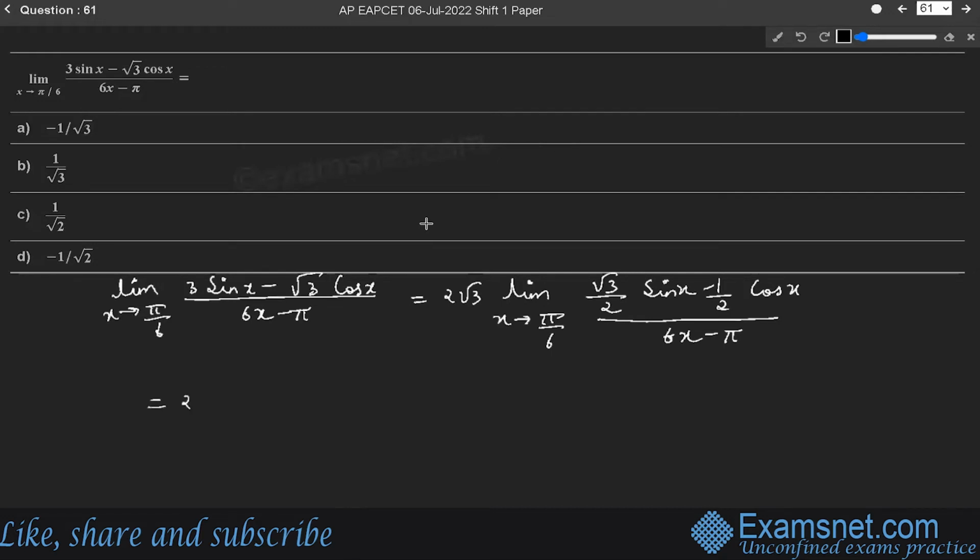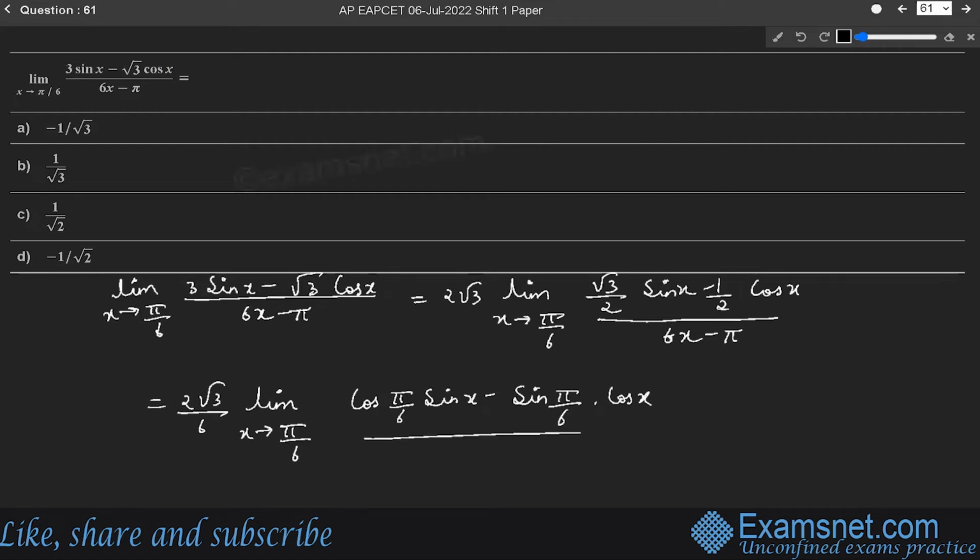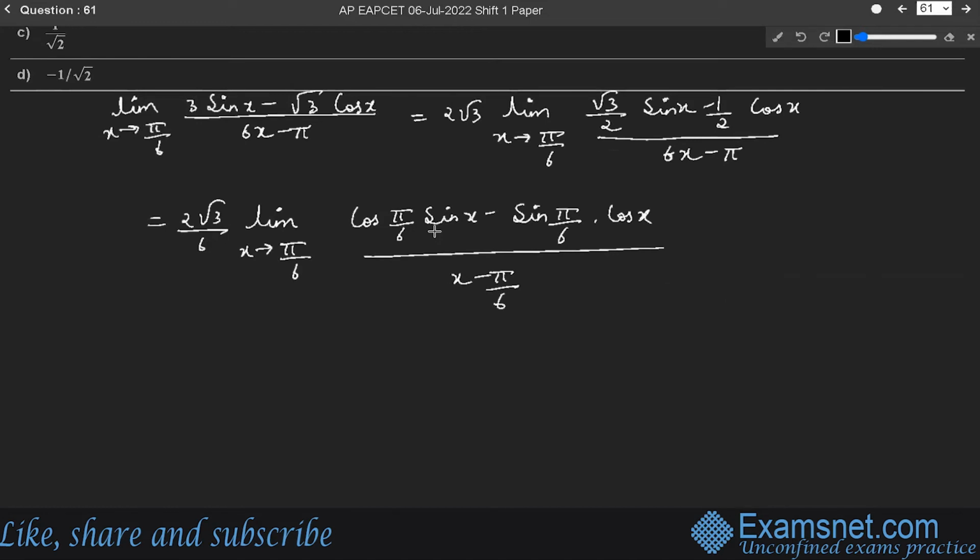So it will be 2 root 3 upon 6 limit x tends to pi by 6, (cos pi by 6 into sin x minus sin pi by 6 into cos x) whole divided by (x minus pi by 6). We have taken 6 common here.